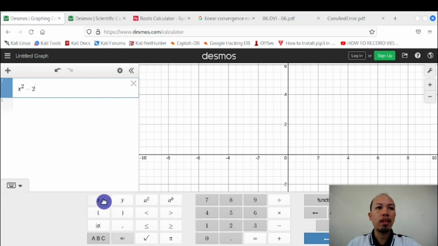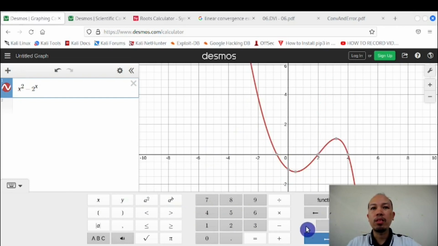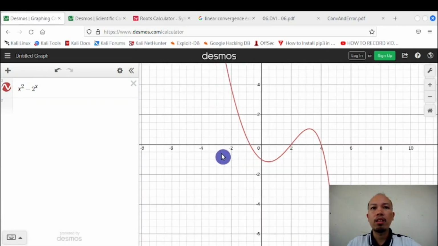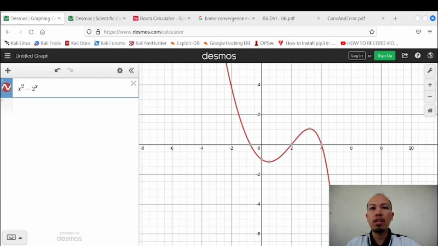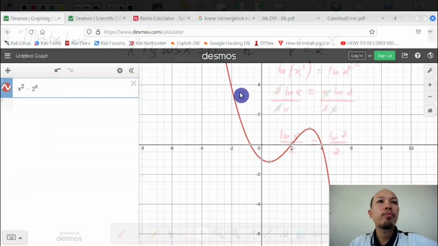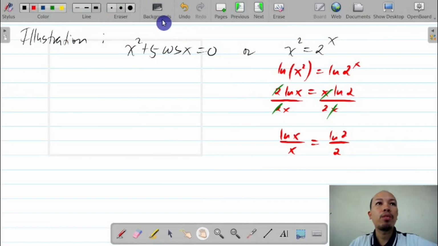As you can see in the graph, there are three roots.